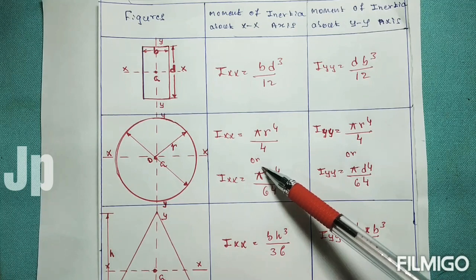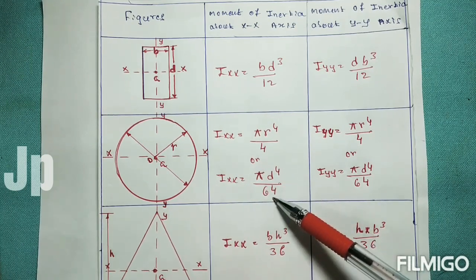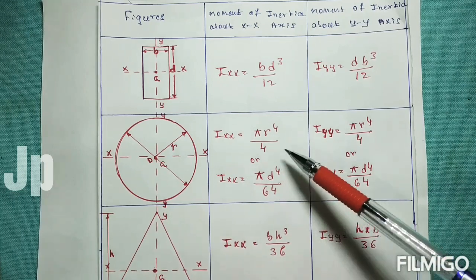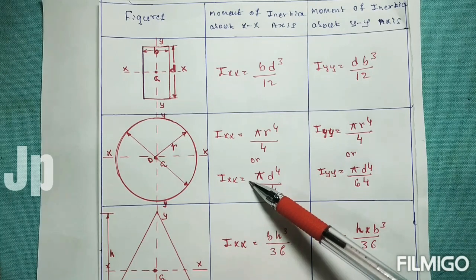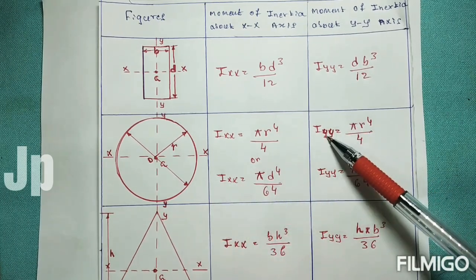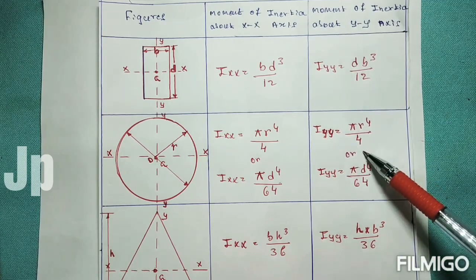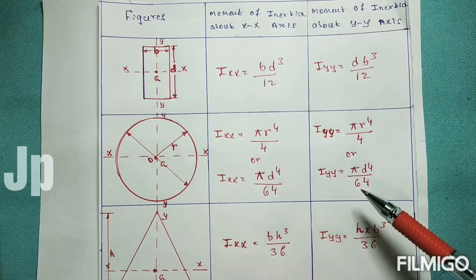Otherwise, if you consider the diameter, Ixx is equal to pi d to the power 4 by 64. You can choose either one to determine the moment of inertia of a circle along the x-axis. For a circle, any side is the same, so Iyy is also the same, and for diameter also the same.